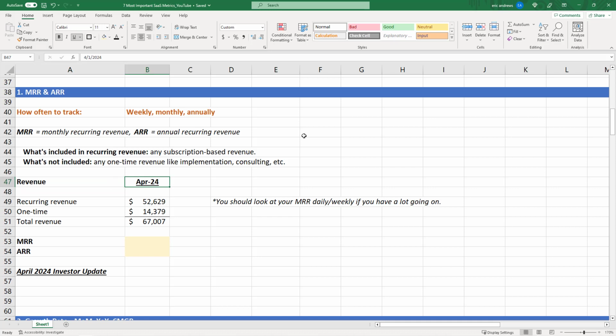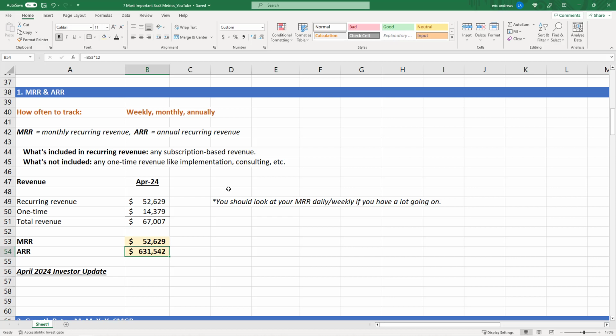So if this is your revenue, you'd have a breakdown between your recurring revenue and your one-time revenue. And so your total revenue would be $67,000. Your monthly recurring revenue would be $52,000. And then your ARR is your monthly recurring revenue times 12. So that's 631.